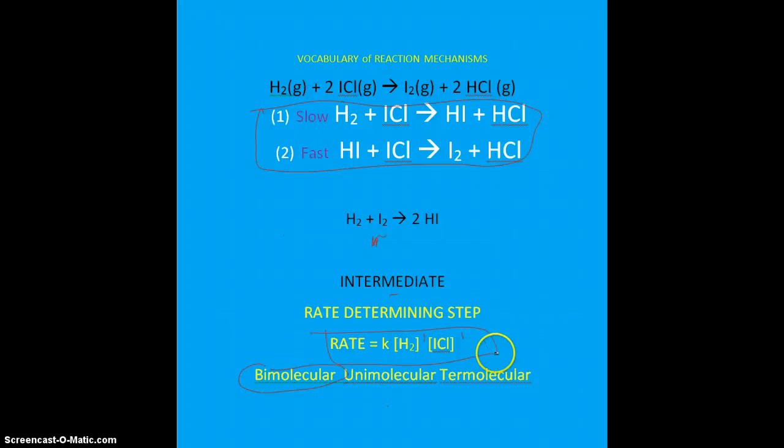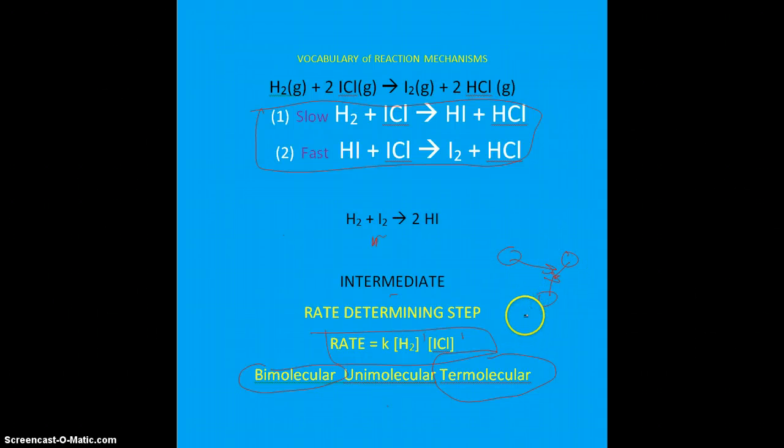What you will never see, virtually ever, in mechanisms, and it's something to avoid if you are proposing a possible mechanism for reaction, is what are called termolecular collisions. Those are collisions that would occur if three separate molecules were to converge and collide with one another in space in exactly the right orientation with just the right activation energy for a successful collision.